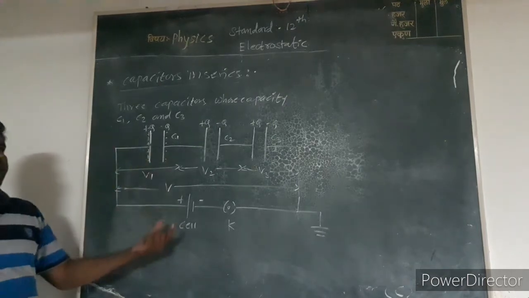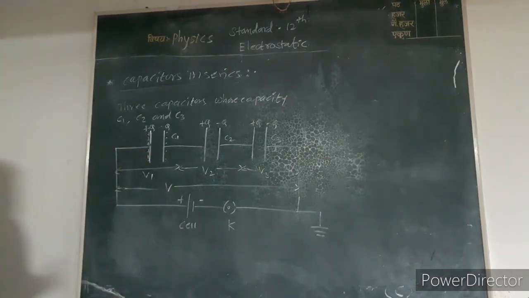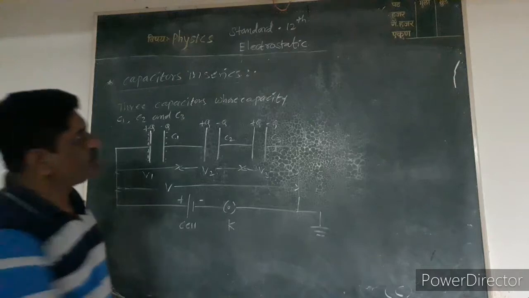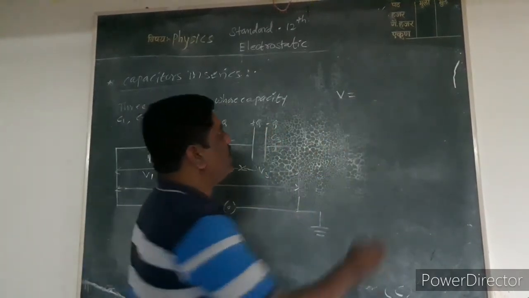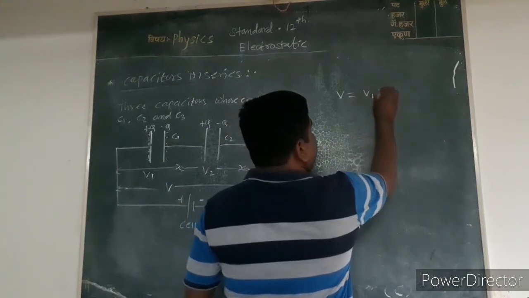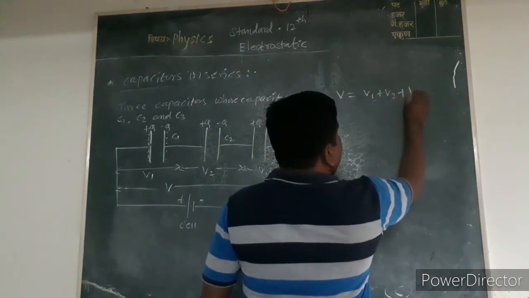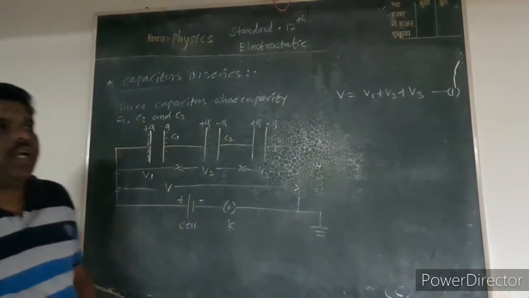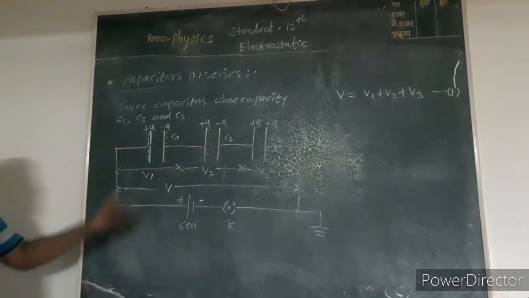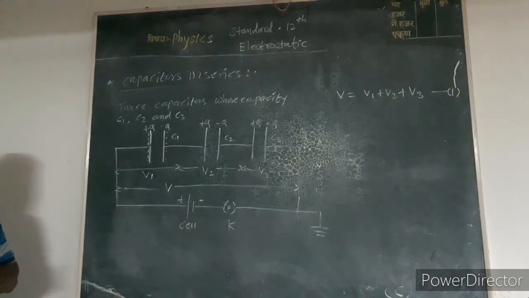Due to the cell, current passes through the circuit, and the total potential difference is equal to V1 plus V2 plus V3. So equation number 1.